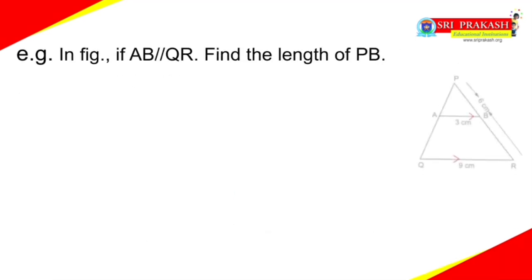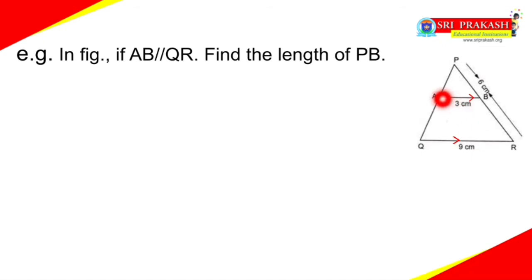Next, in the figure, if AB is parallel to QR, find the length of PB. Children, in this problem, we can find the length of PB by proving the two triangles PQR and PAB as similar.